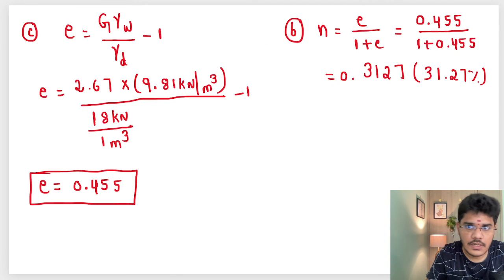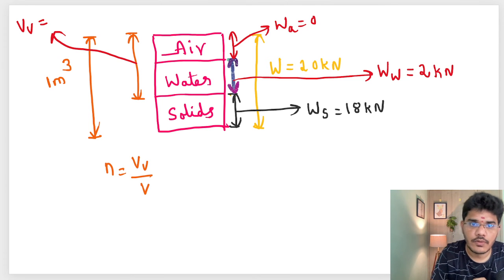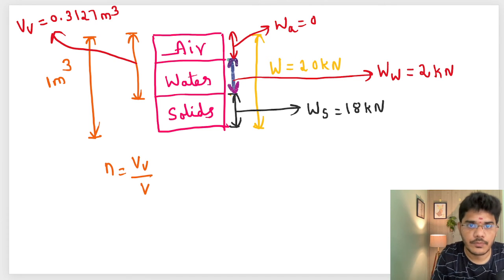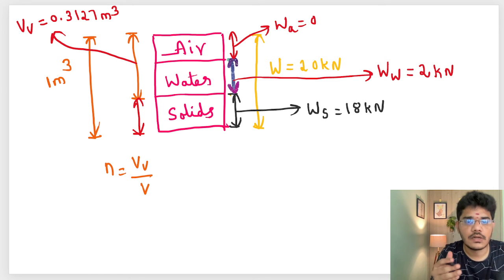Porosity, how much have we calculated? 0.3127, into total volume, which is 1 only. That means volume of voids is equal to 0.3127 meter cube.